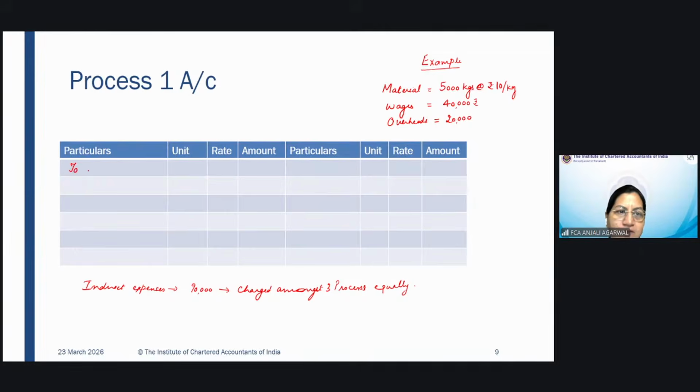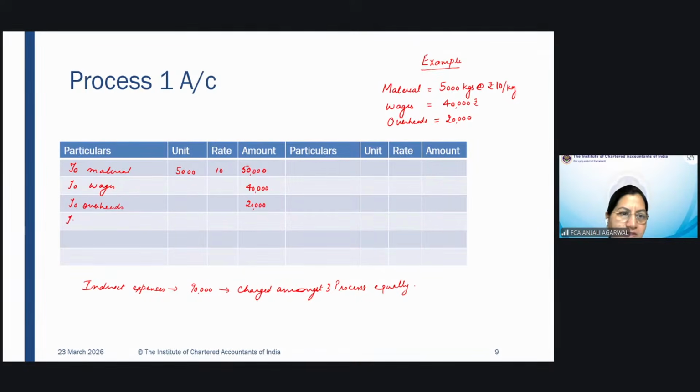So let's say to material, 5,000 kgs at the rate of 10. So material cost is 50,000. Wages cost is 40,000. Overheads cost is 20,000.